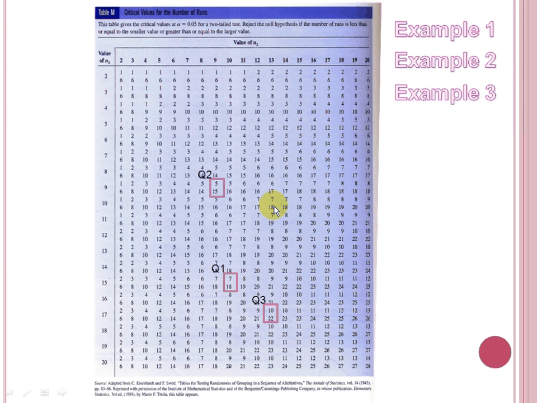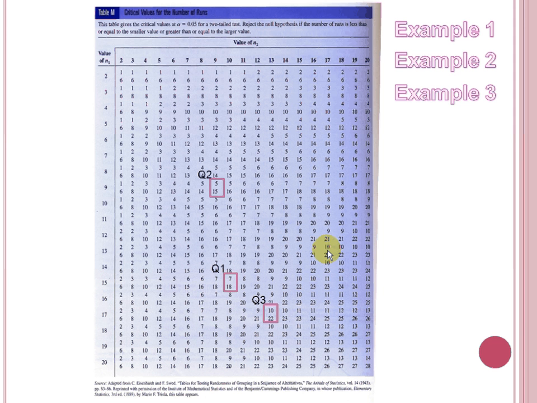N1 is 13, N2 is 17, then we still have 10 and 22.